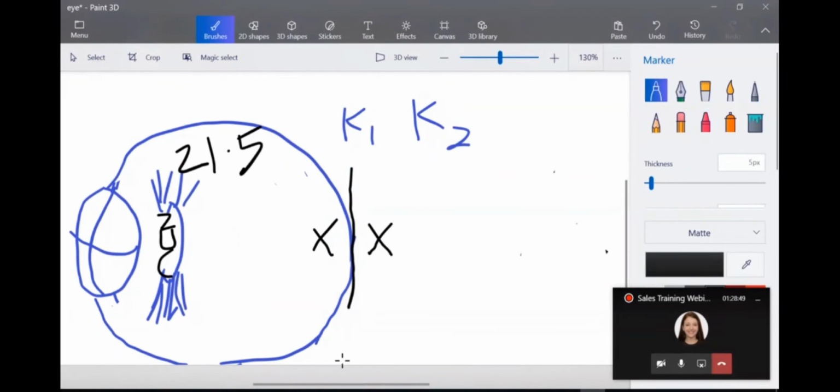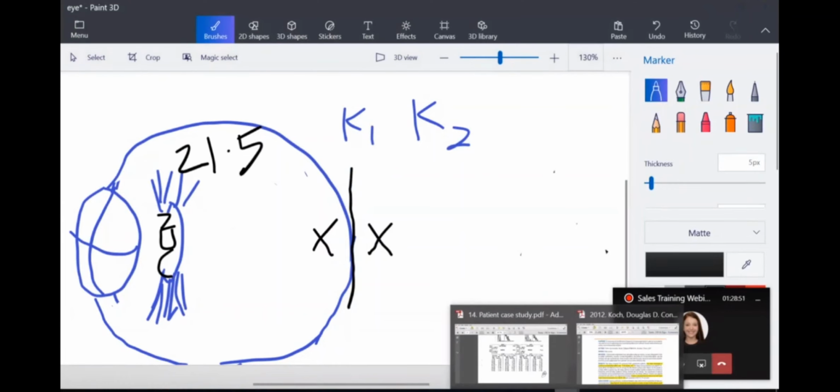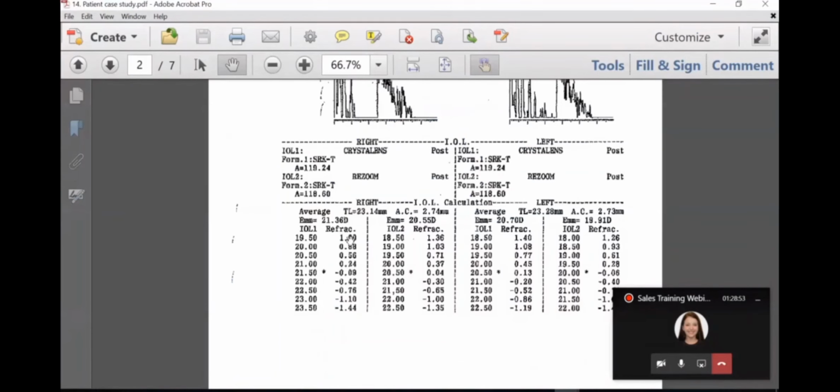So that is why when we look at the calculation here, this is always referred to as the spherical equivalent outcome, and this is the spherical equivalent IOL power that we're putting in.